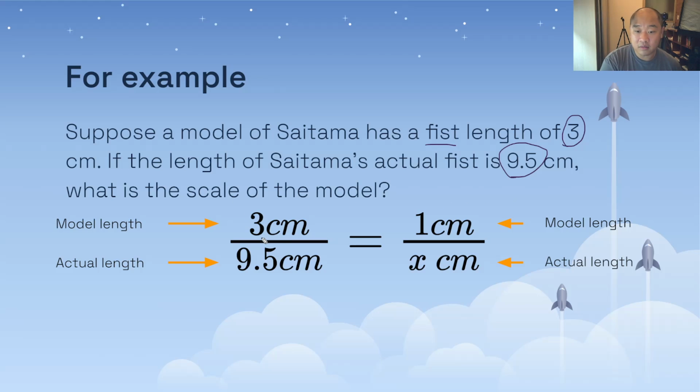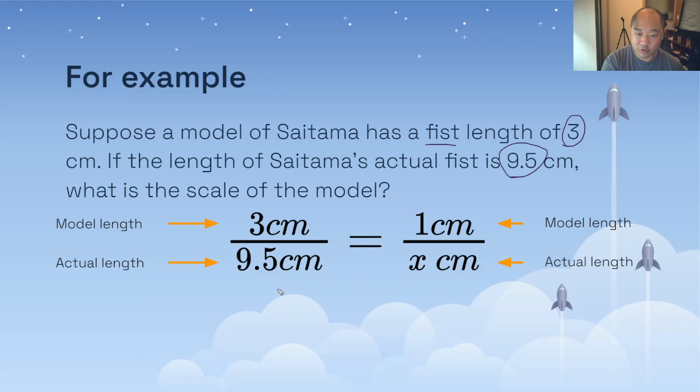Well, the model fist is 3 centimeters, and in real life it's 9.5 centimeters. So the scale would be 1 centimeter on the model to how much on the actual fist.